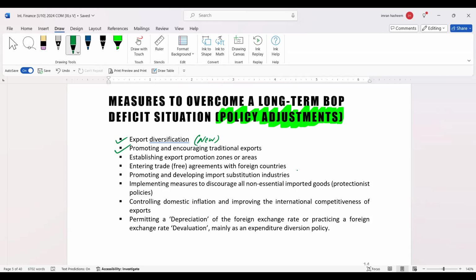So now I'm trying to think. Okay, in Sri Lanka we have identified different parts of Sri Lanka, right?